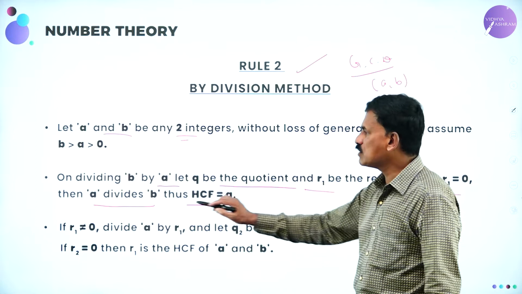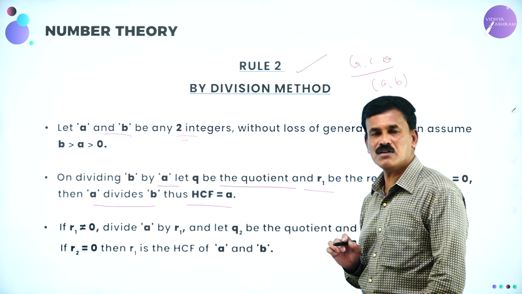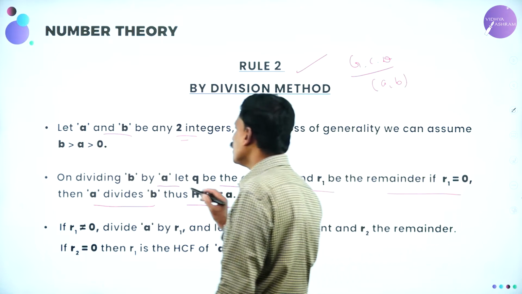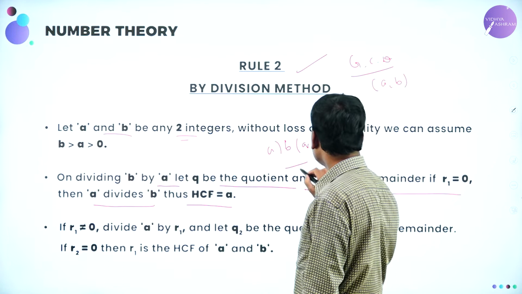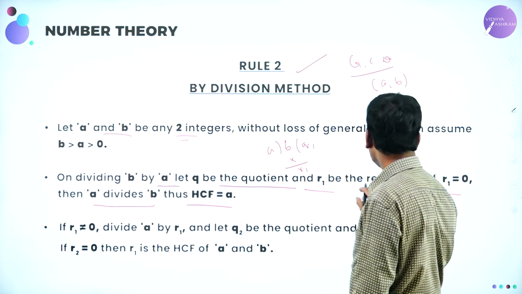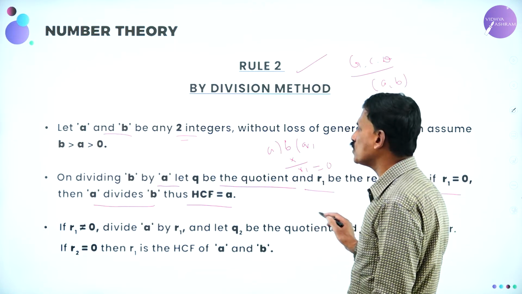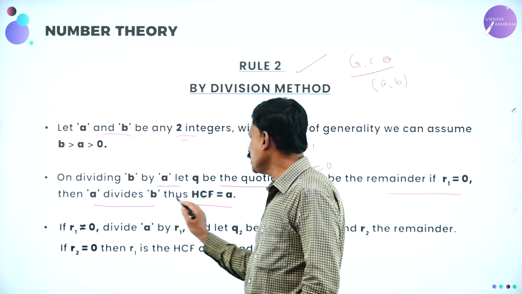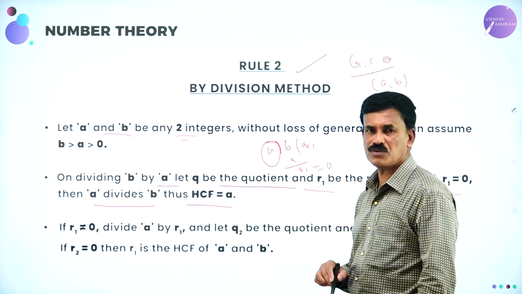If R1 is equal to 0, then A divides B, thus the HCF of these two numbers is A.